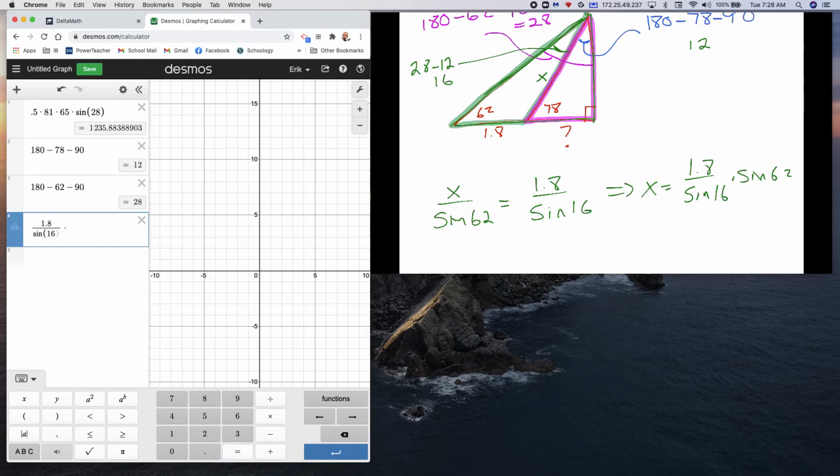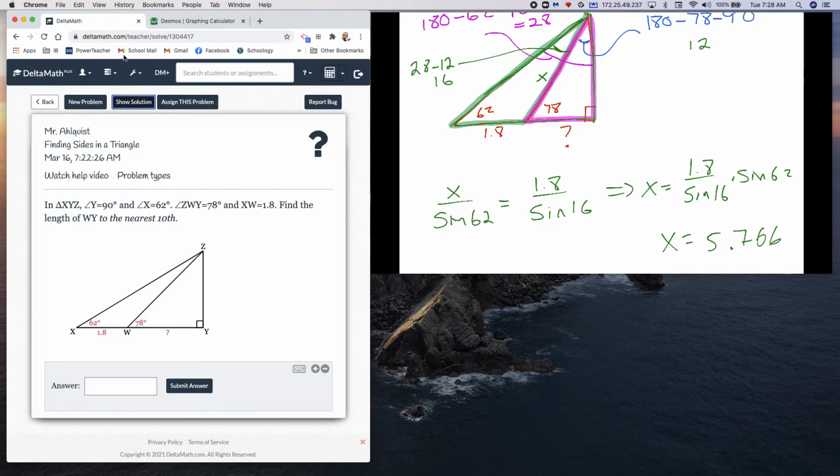And I do times sine of 62. And I get that it's 5.7, right? So x is equal to 5.766. Now if that's 5.766, let's go back to the problem. That's this piece right here.